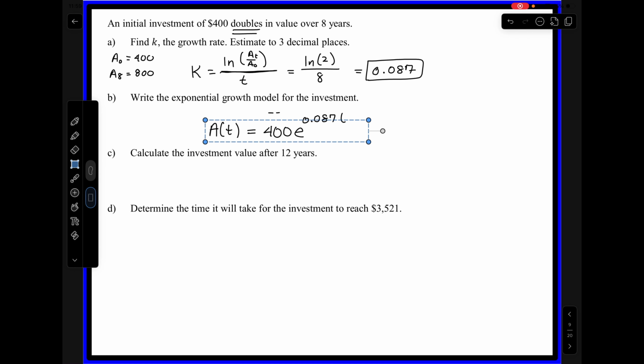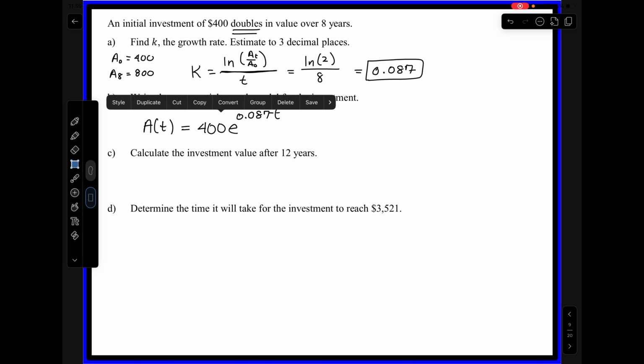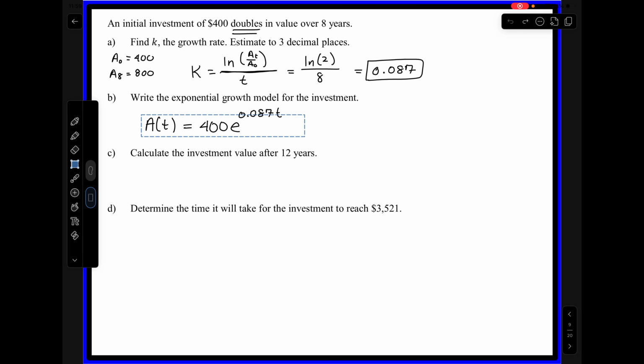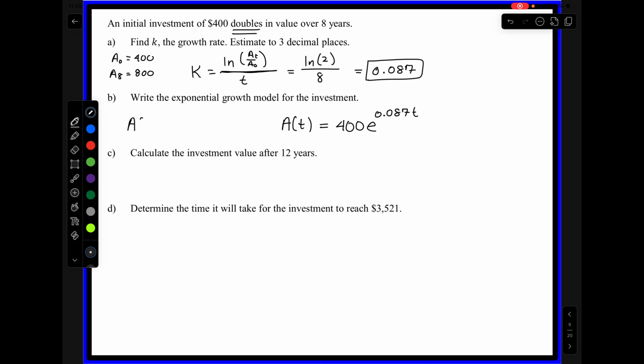We want to write again the model of this thing. Let me select the entire thing so I can move it over. All we're doing is writing the equation in this format of A0 e to the k t power. We already knew what the A0, A naught, was: that was our 400. We just didn't know the value of K, but having found that from part A, we now have the value. So this is your answer for part B.